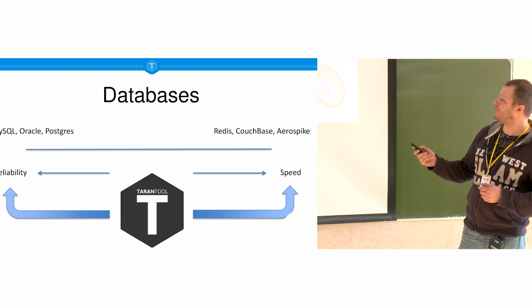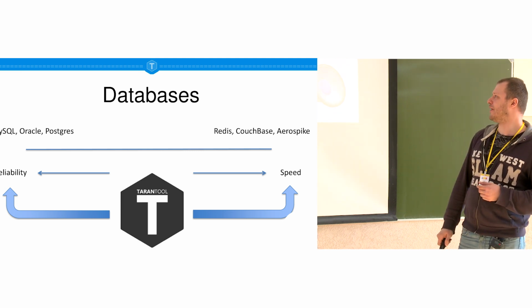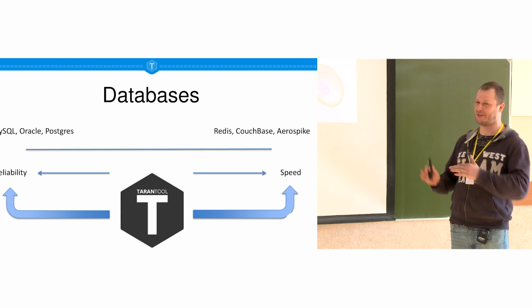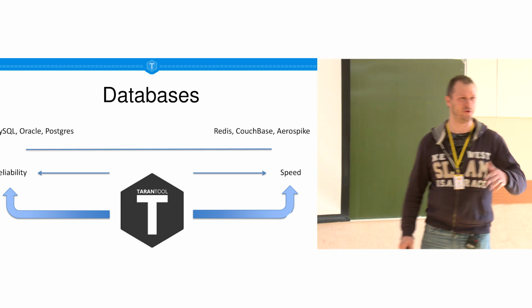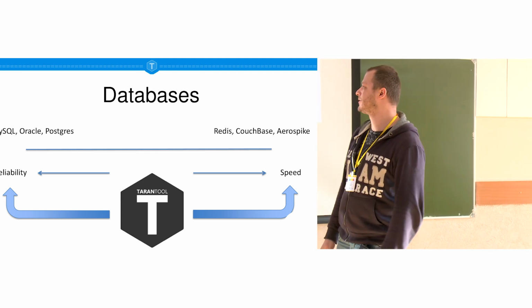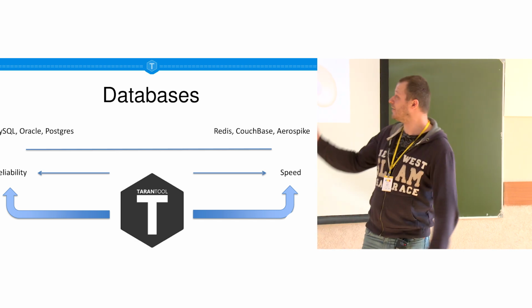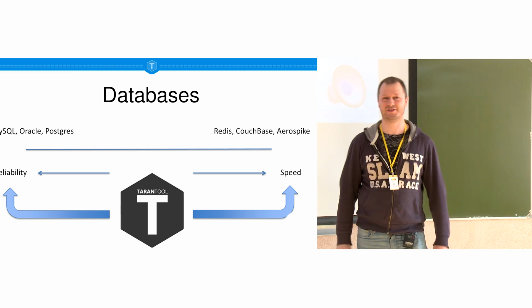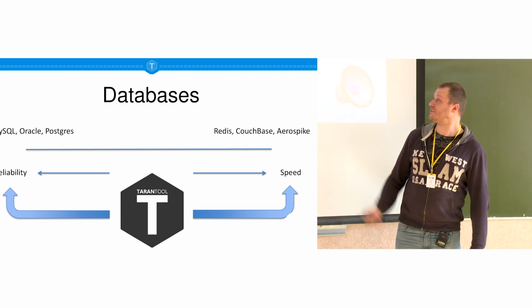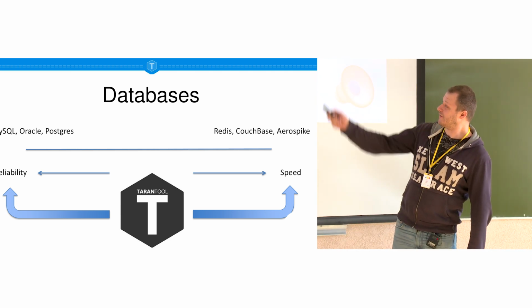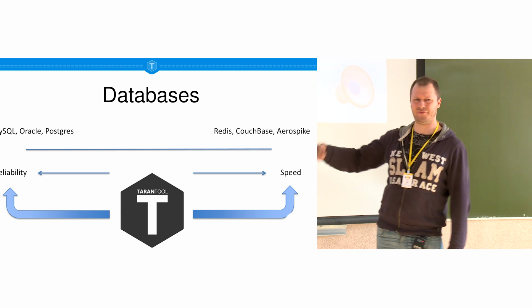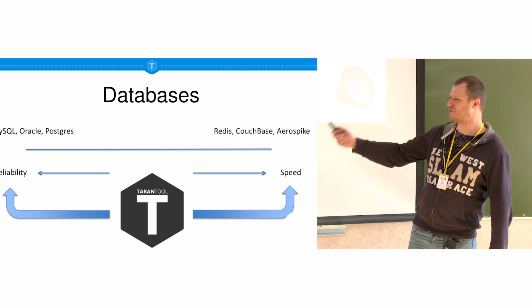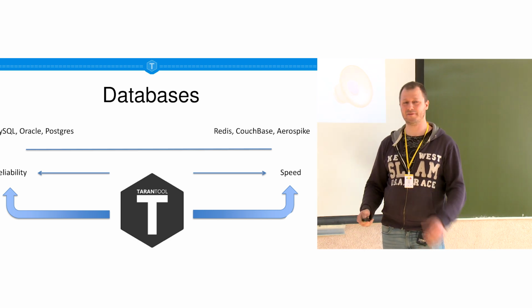This is a short list of some features of the left side databases, the old school ones, MySQL and Oracle and many more. And these are features of the right side databases. You see they're completely different. The old ones are all about reliability, data structures, data languages.